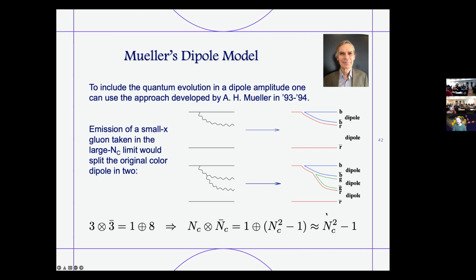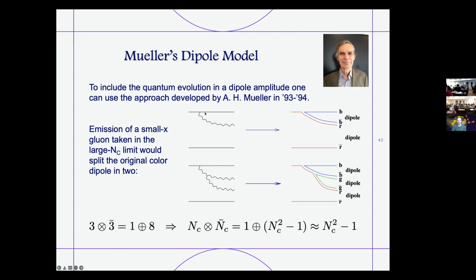If we take a gluon, which is in the adjoint representation, by definition, it is in NC squared minus 1, we can write this as NC cross NC bar. So in other words, we can replace a gluon by a quark anti-quark pair. And the pair is not in the color singlet, it's a color adjoint pair. Or it could be a color singlet, but that's a minor correction, which we're willing to absorb because it's suppressed by 1 over NC squared, right?